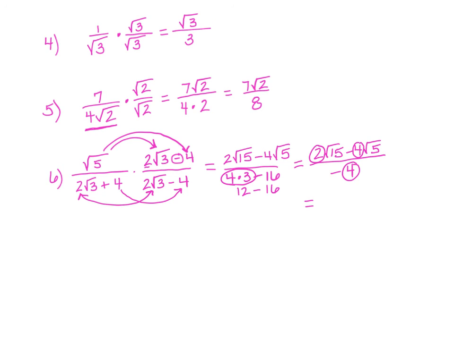So 2 divided by 2 is 1, so I'll just have the square root of 15. I'm going to have my minus sign. 4 divided by 2 is 2 times the square root of 5. And on the bottom, 4 divided by 2 is 2 again. And there was a minus sign there, okay?